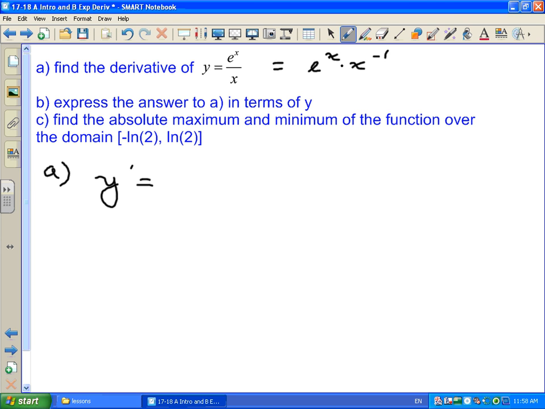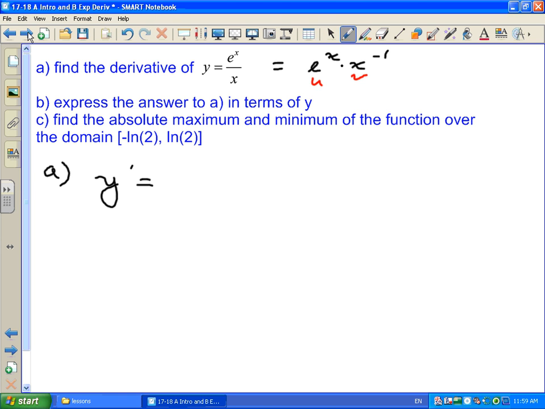Okay, if you want to rewrite it as a product instead of a quotient, okay? And then we're going to use product rule here. And no, actually we don't need chain rule. Just product rule. So what are we going to have here? We're going to have derivative of, let's do u and v.